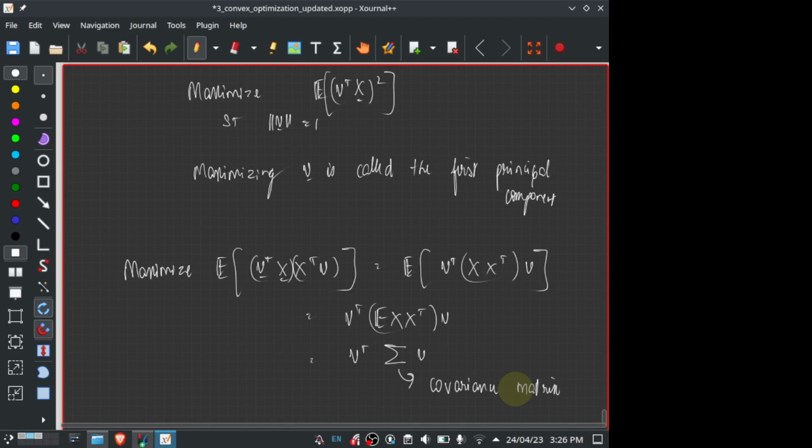For example, if you looked at IID Gaussians with zero mean and unit variance, the covariance matrix would look like an identity matrix. If you just took a few samples drawn from an IID Gaussian distribution, the sample covariance matrix would also be close to the identity matrix.